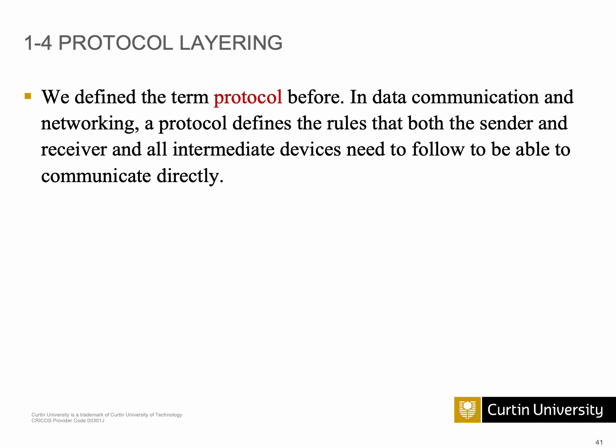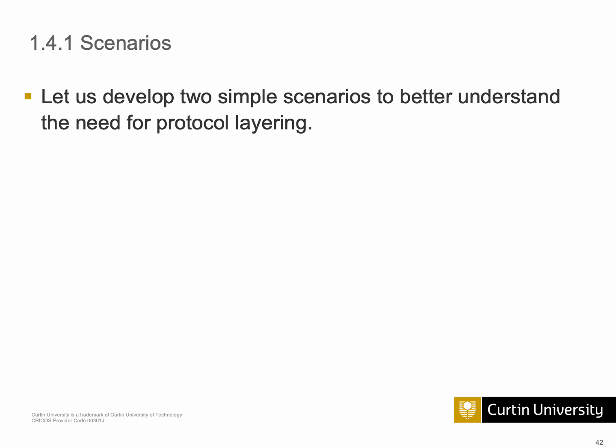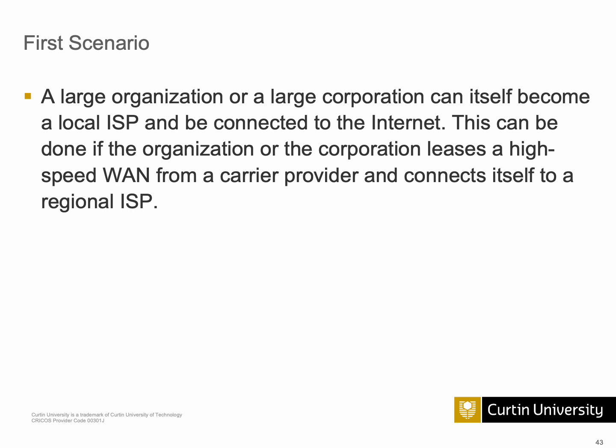But if the communication is complex, then we might need to divide the task between different layers. If we divide it into layers, then we need a protocol at each layer. That is called protocol layering. We look at two scenarios. In the first scenario, it is a simple communication and it only uses one layer.